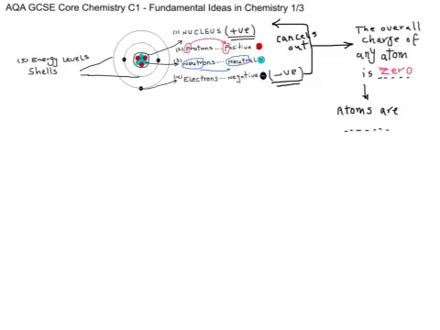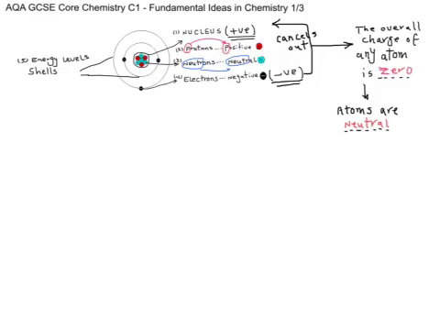Atoms are all neutral. So, we will have the number of electrons which are negatively charged to cancel out the positive charges of the protons inside the nucleus.